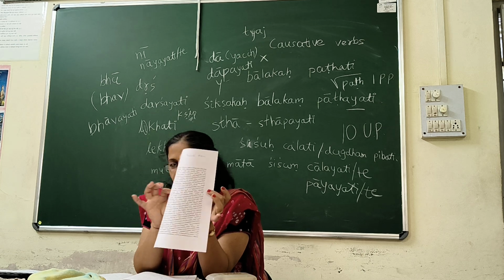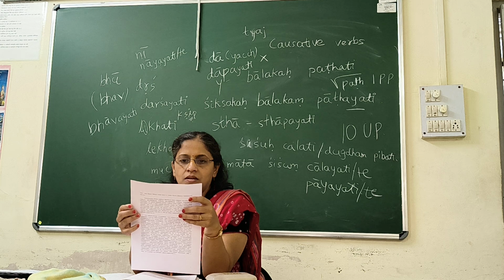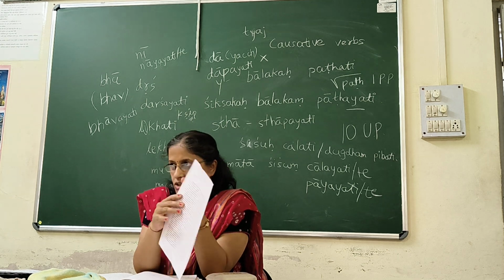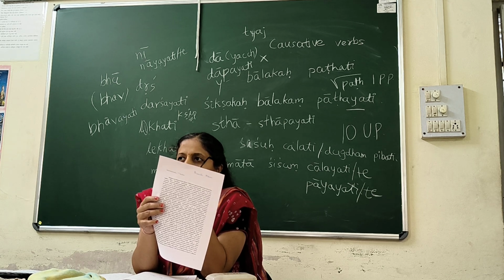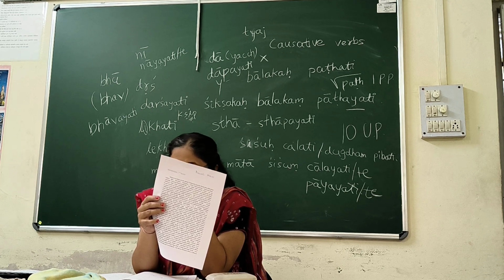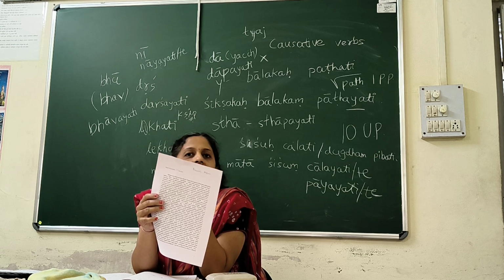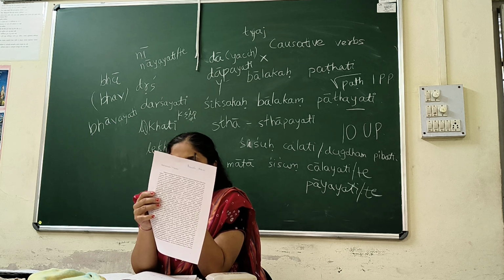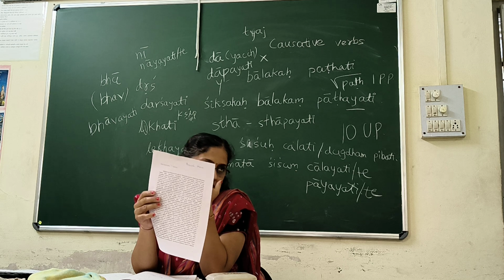Maitra Kanyaka, first paragraph, 4th line. Paricharayati. What is Paricharayati? It's not Paricharati, it's Paricharayati. So immediately in the 4th line we could get a causative form.